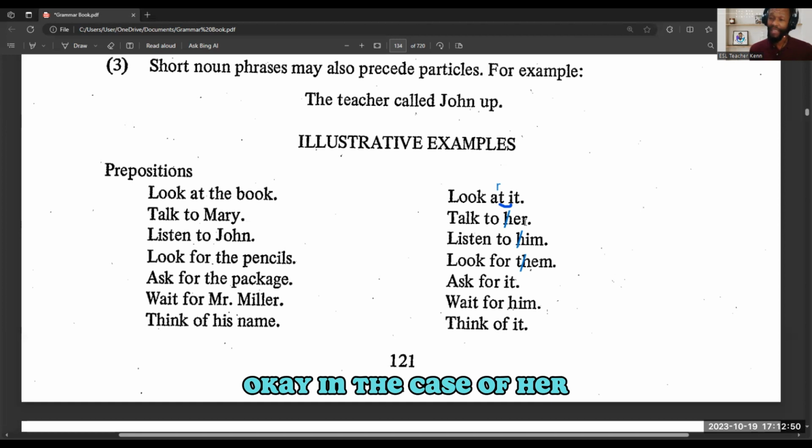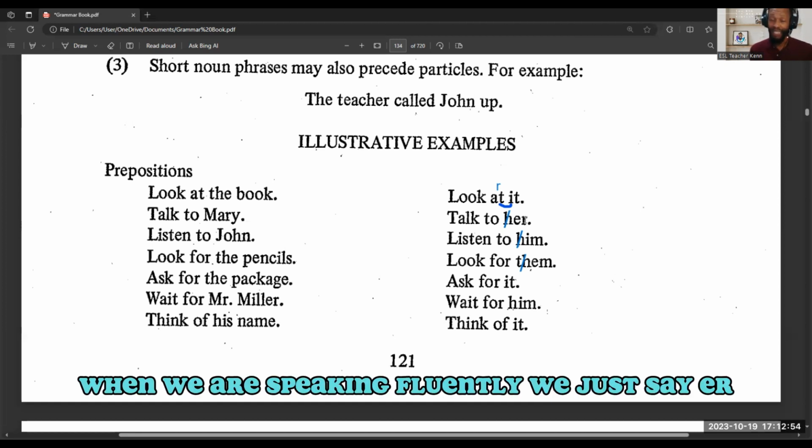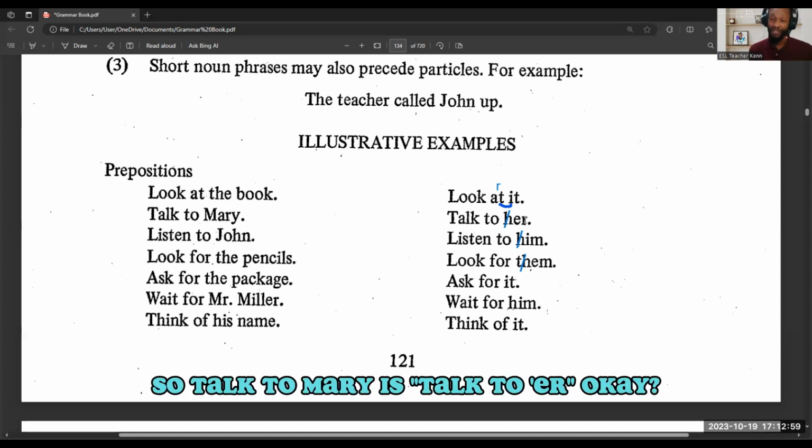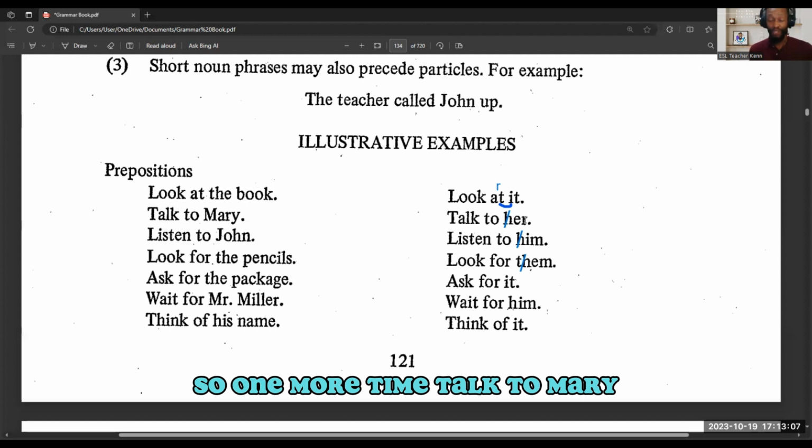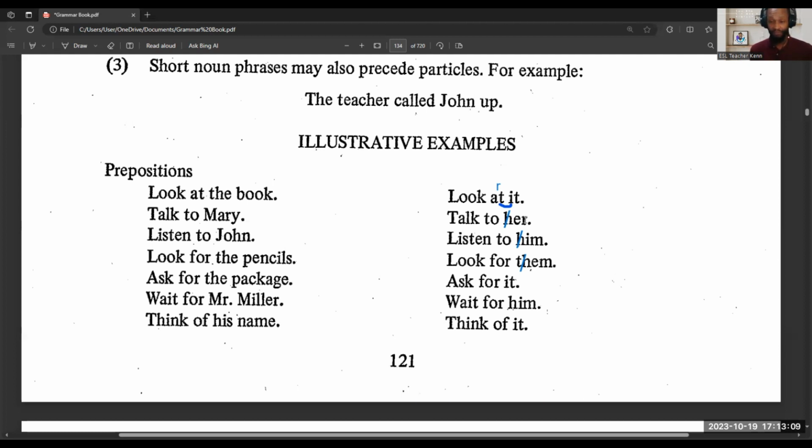Okay? In the case of her, when we are speaking fluently, we just say talk to her. So, talk to Mary is talk to her. Okay? So one more time. Talk to Mary. Talk to her. One more time.